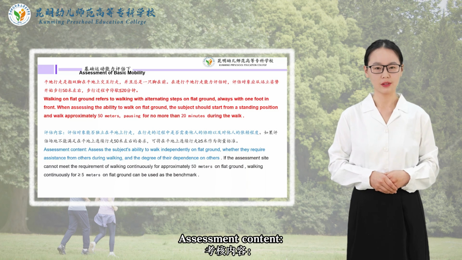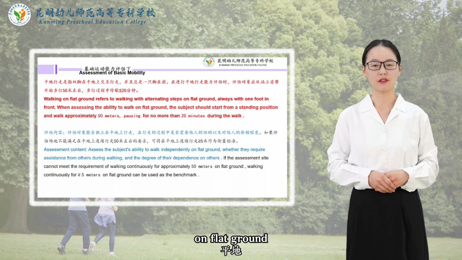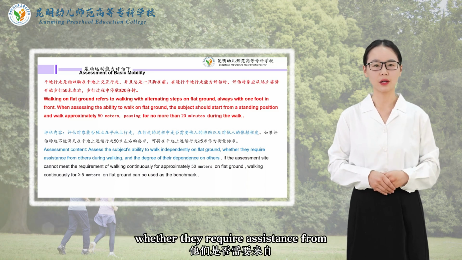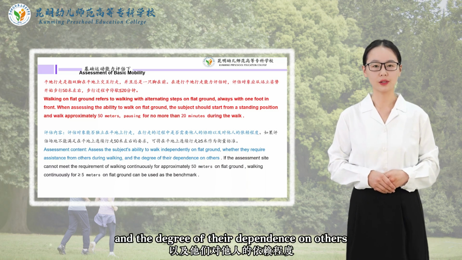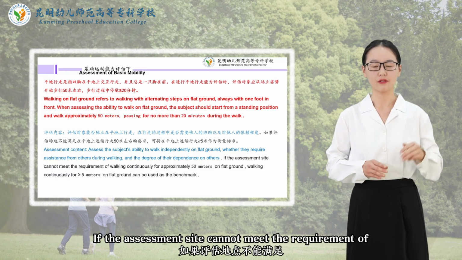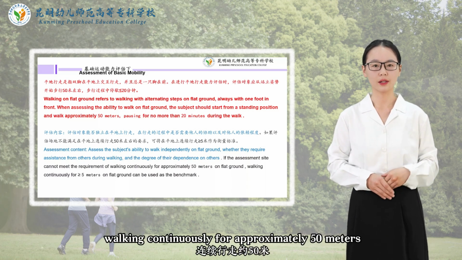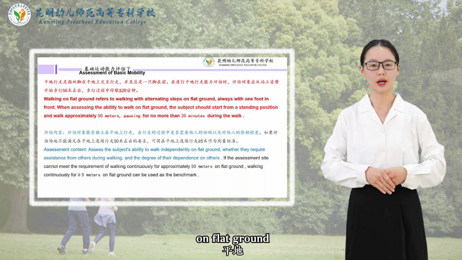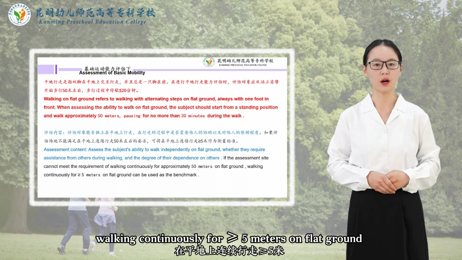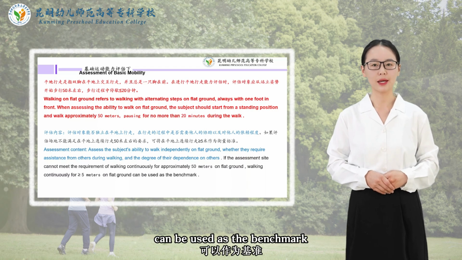Assessment content: assess the subject's ability to walk independently on flat ground, whether they require assistance from others during walking, and the degree of their dependence on others. If the assessment site cannot meet the requirement of walking continuously for approximately 50 meters on flat ground, walking continuously for greater than or equal to 5 meters on flat ground can be used as the benchmark.